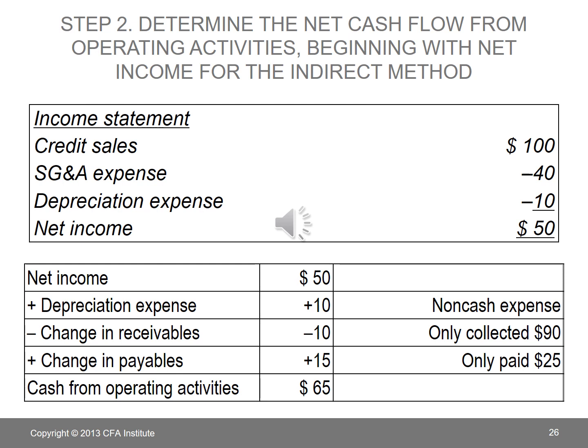The formula for calculating operating cash flow is net income plus depreciation minus changes in assets plus changes in liabilities equals operating cash flows. Also note that other refinements might be necessary to eliminate non-operating items, if, for example, the company reported a gain on sale of an investment.